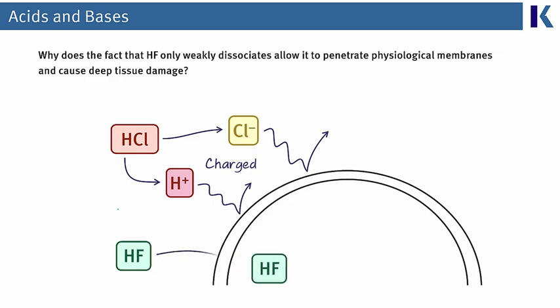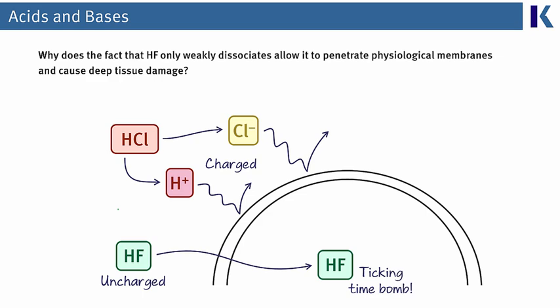So, for that reason, it can easily cross your skin and then move from your skin down to your muscles and pass from your muscles into your circulatory system. Eventually, that HF will pop apart into corrosive protons and fluoride anions, but the point is, it can make it much further into your body before it splits into those corrosive products.